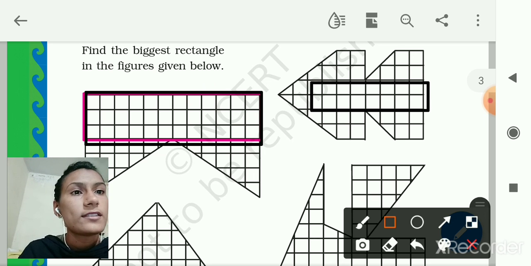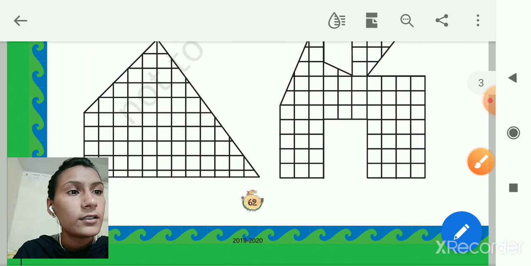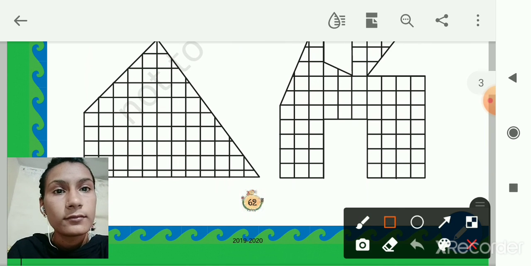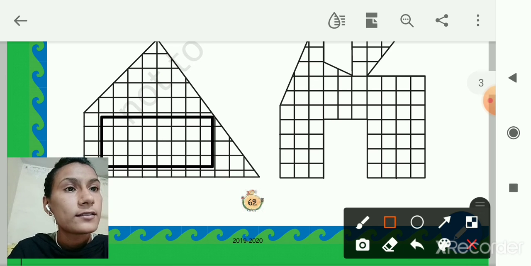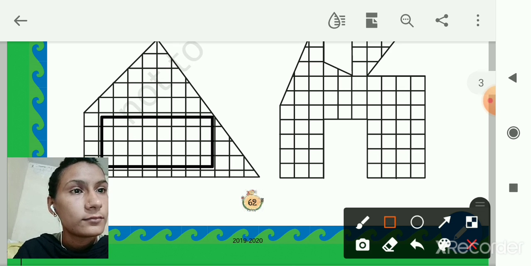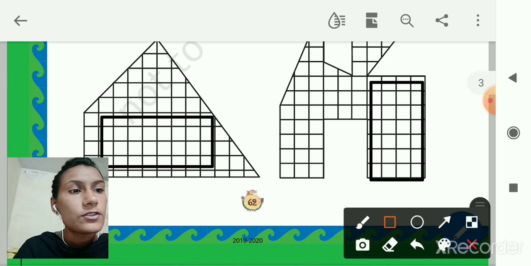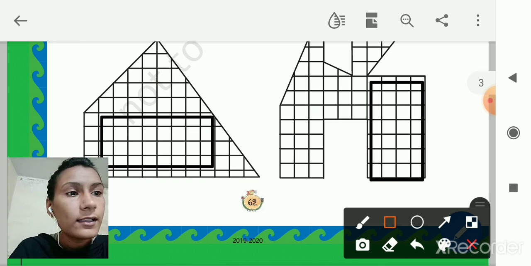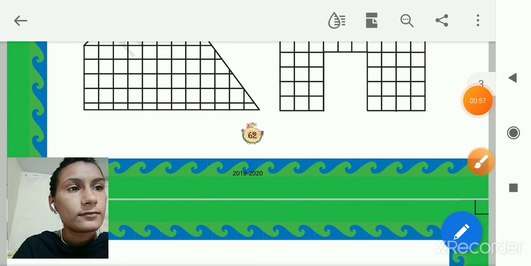So you can draw this rectangle in this figure, then this figure. Here you can draw these rectangles, then this figure. You can draw these rectangles here. The biggest rectangle in your textbook like this.